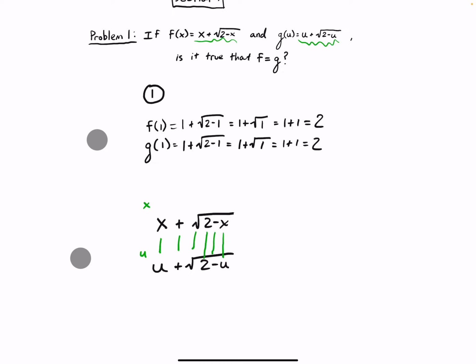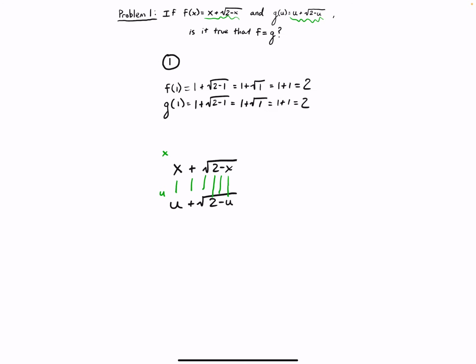But there's one last test that we can do also. We can see if we can put in a number or a variable in a way to turn one function into another. What do I mean by that? Let's take the function g of u equals u plus the square root of 2 minus u.